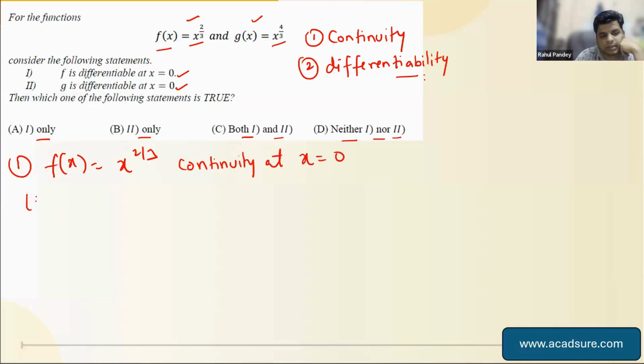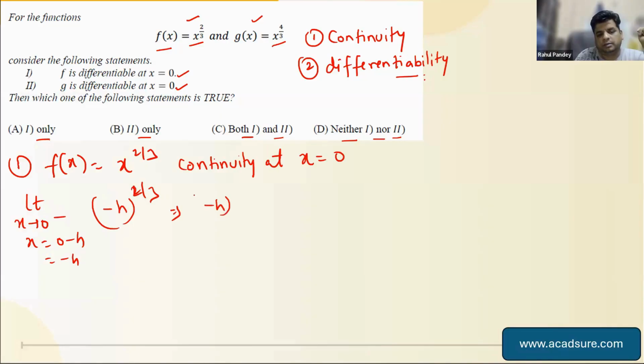So for the left limit, x tending to 0 minus, x = 0 - h, which is (-h)^(2/3), which gives me (-h) into (-h) square, power 1 upon 3, which is h square, a positive number, power 1 upon 3. h is a very small number, so this is tending to 0.